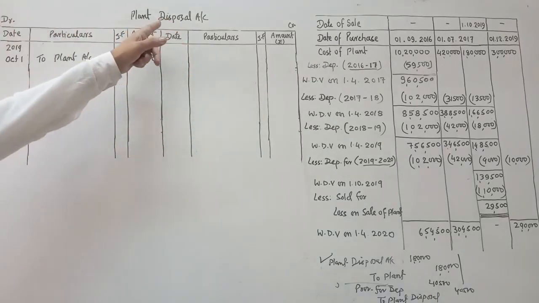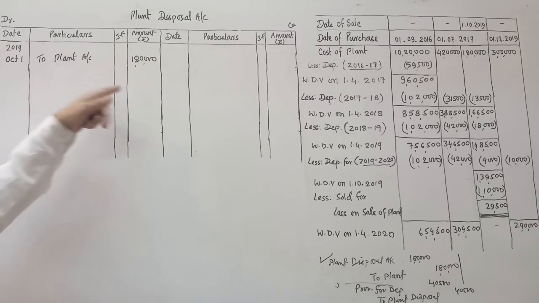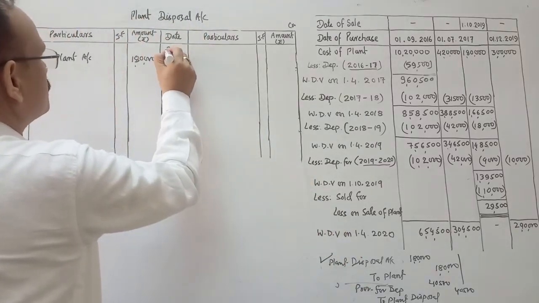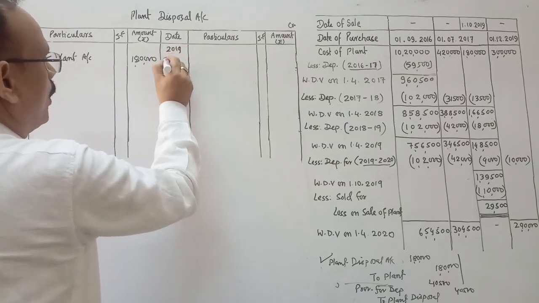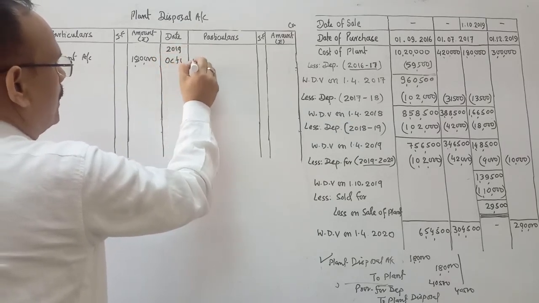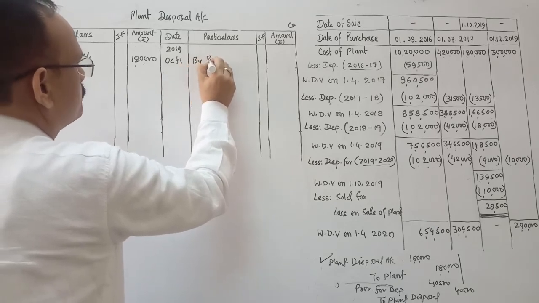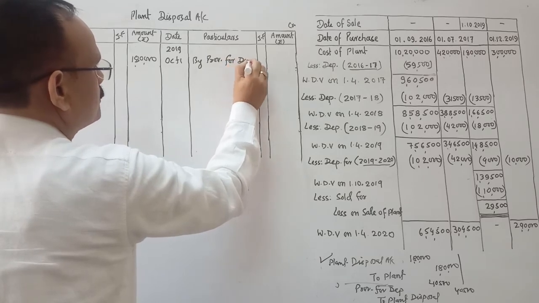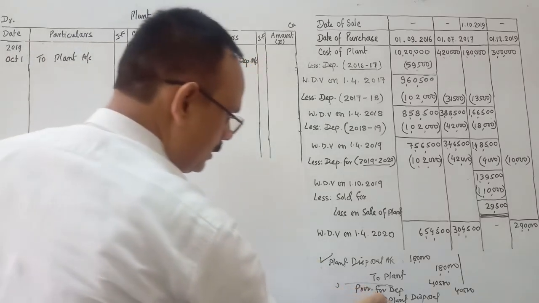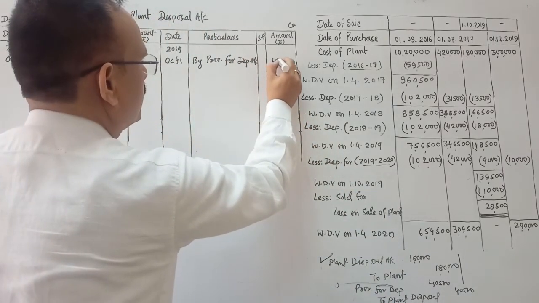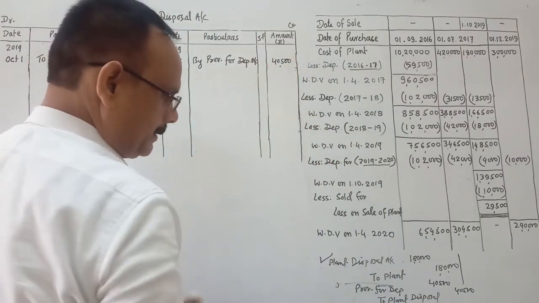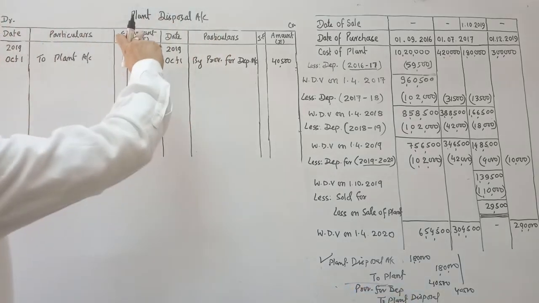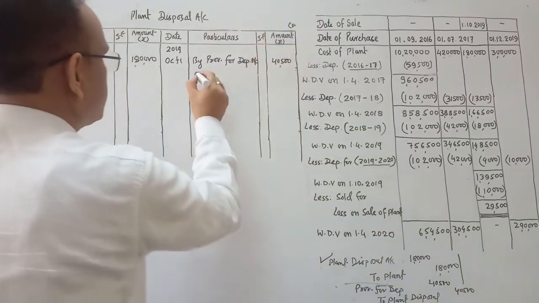Now that entry will be posted on the debit side of the plant disposal account. Next is provision for depreciation on the same day, 40,500. Provision for depreciation account debit to plant disposal account, so in the plant disposal account this will be posted on the credit side.